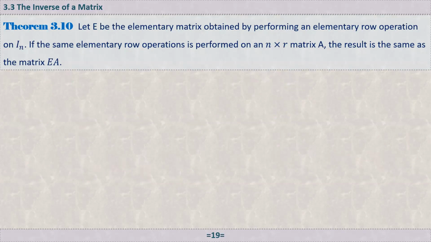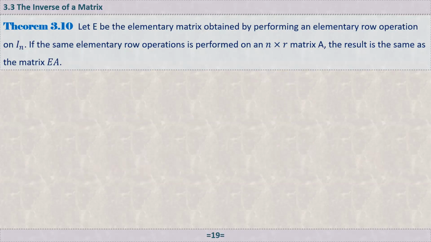And we have another theorem that is the generalization of the previous operations. Let E be the elementary matrix obtained by performing an elementary row operation on I_m. Now we know what we mean by elementary matrix, and we know that it produces the same effects when we multiply an elementary matrix by a matrix, right?